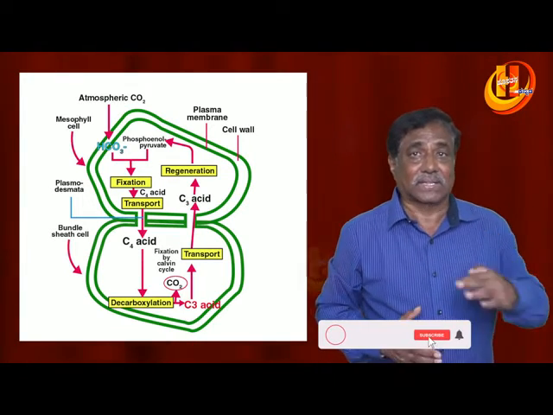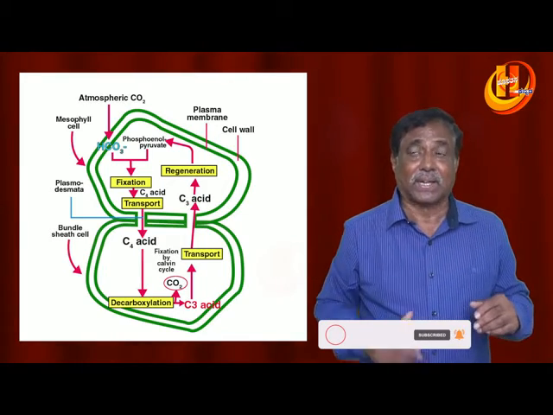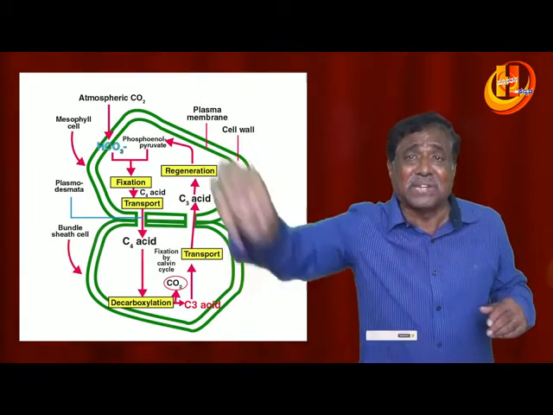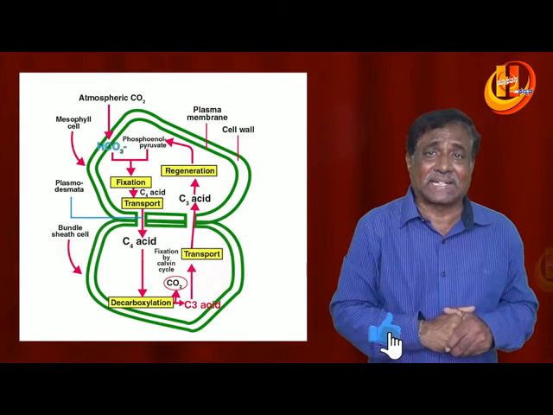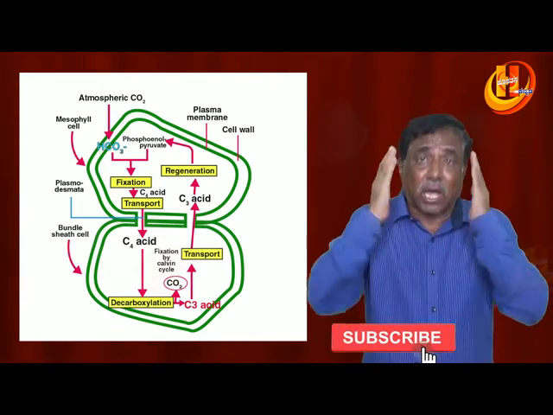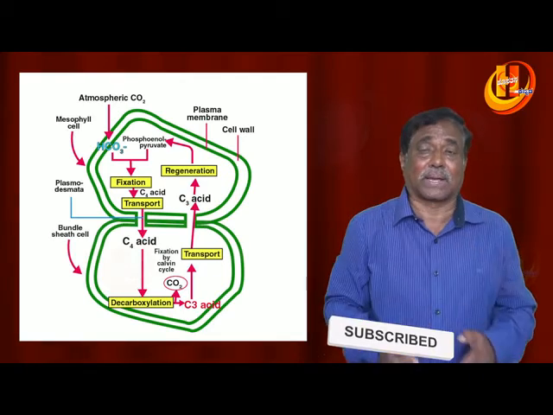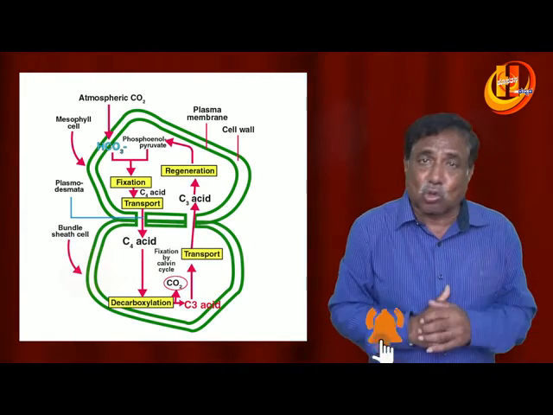mesophyll. Thus the C4 pathway takes place in the mesophyll, and this released carbon dioxide is again used up by the plants, by the RuBP carboxylase, to synthesize glucose.